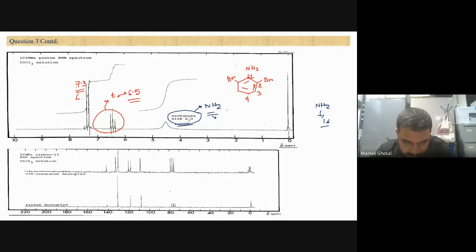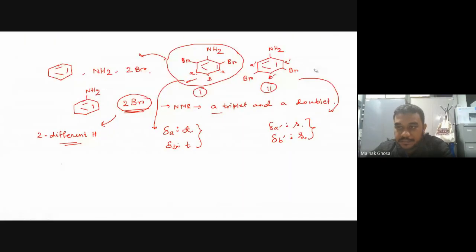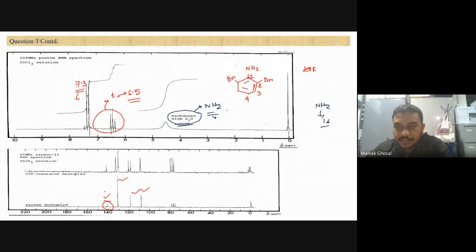Now in the carbon 13 spectrum, you see how many peaks you have got. 1, 2, 3, and there is a very minute peak over here. This is 4. So the small peak at 141.